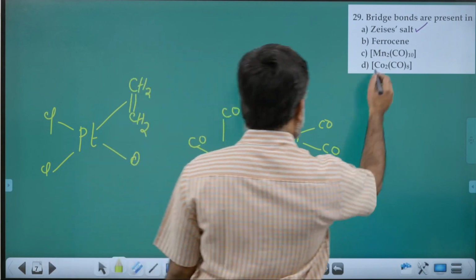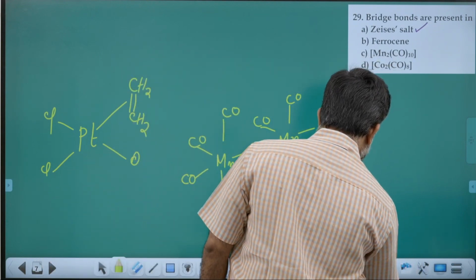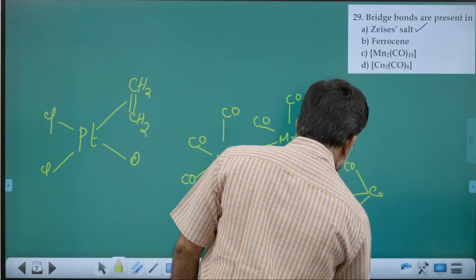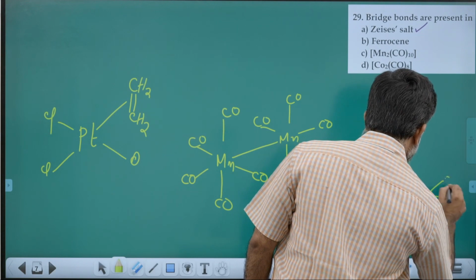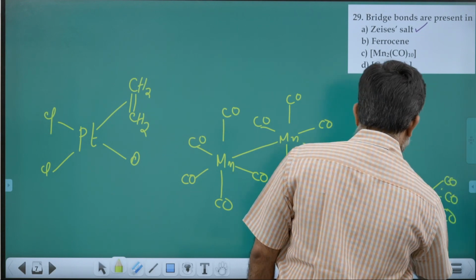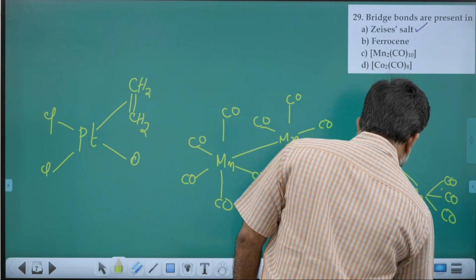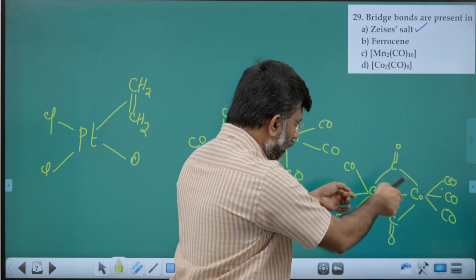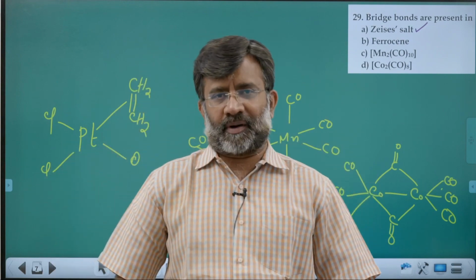This is the answer, option D, where you might have seen in the textbook the bridging bonds are given like this.